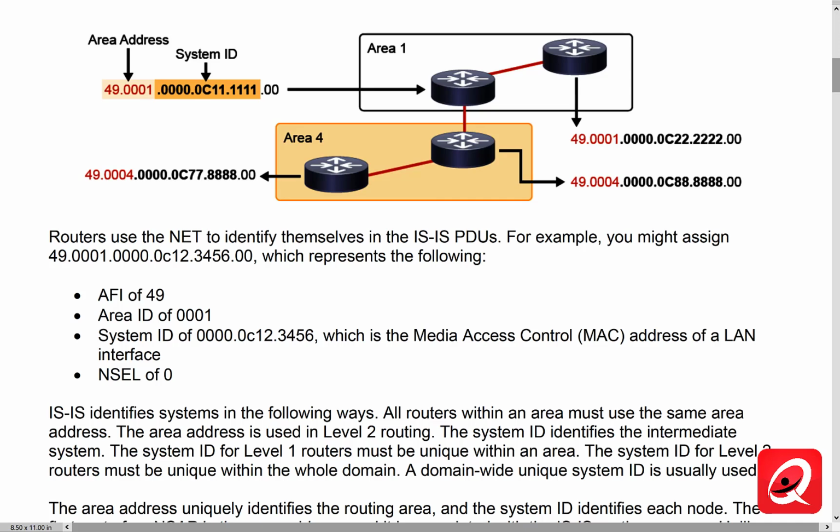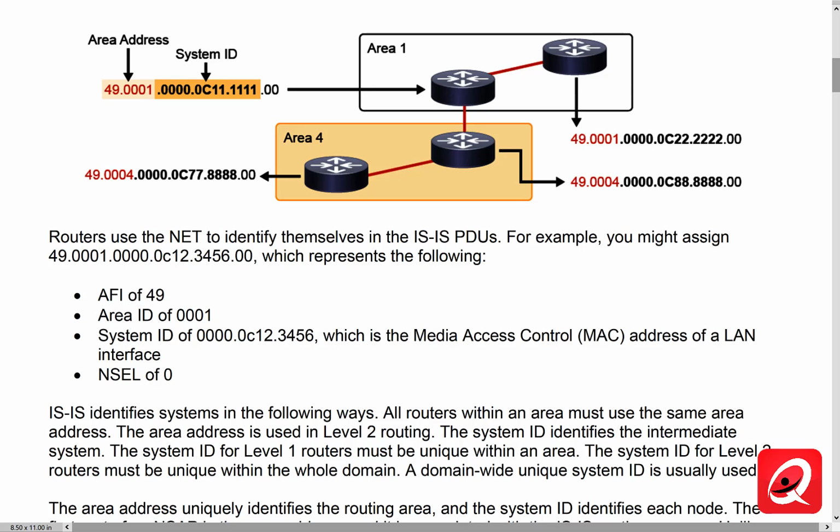That obviously will have to be unique for all of the routers within the area. And then the system ID for level 2 routers would have to be unique for the entire domain. Because again, the level 2 adjacencies form a contiguous backbone, which means it extends across the entire autonomous system. Well, we don't really use the term autonomous system in ISIS. We use routing domain, but you get the idea.